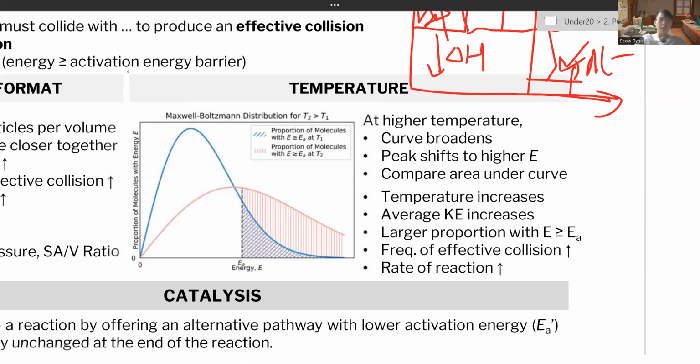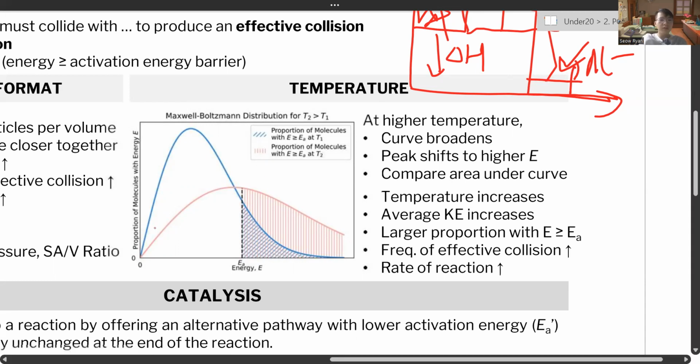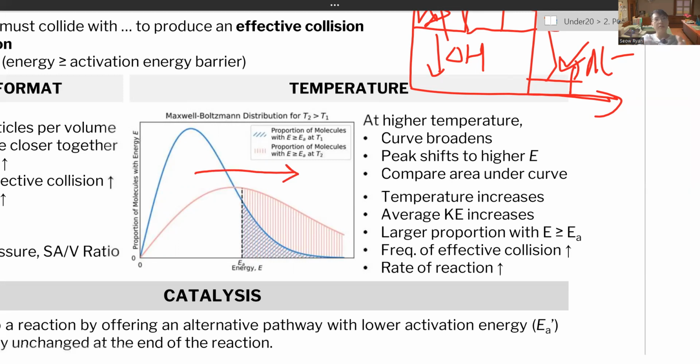If you increase the temperature, what happens? Temperature is a measure of the average kinetic energy of the system. If the average kinetic energy increases, it means that on average the energy of all the molecules increases. So the energy should shift towards the right, because now more particles have a greater energy.